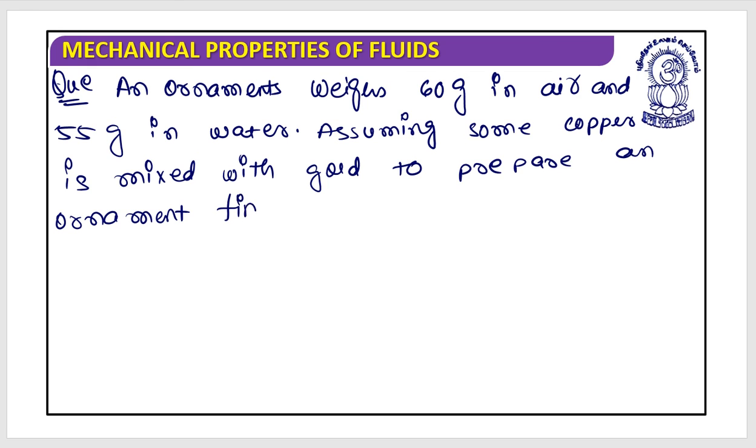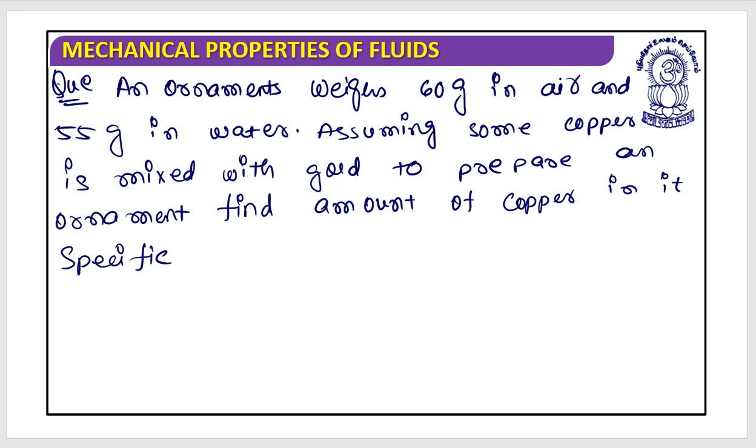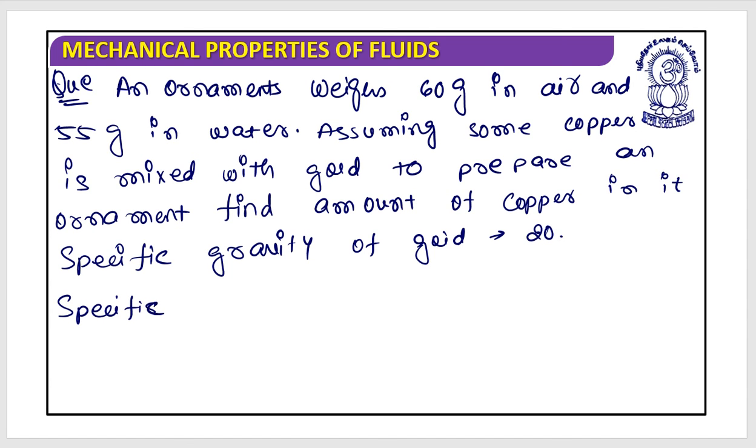Find the amount of copper in it. Specific gravity of gold is 20 and specific gravity of copper is 10.